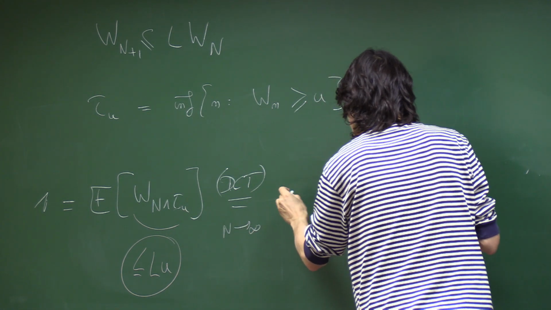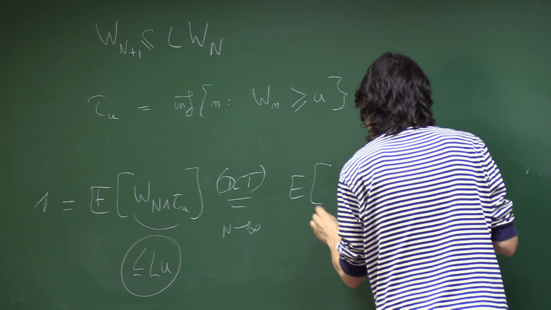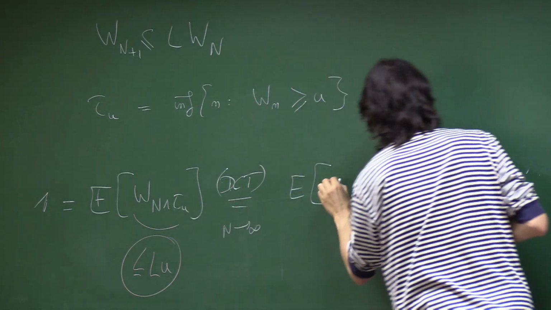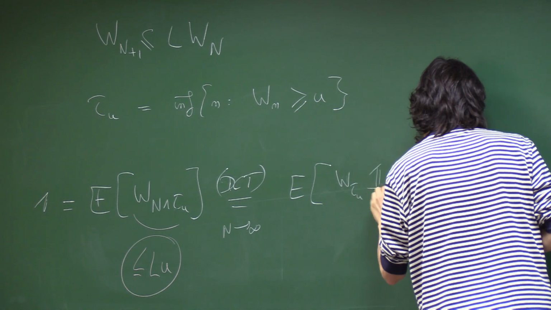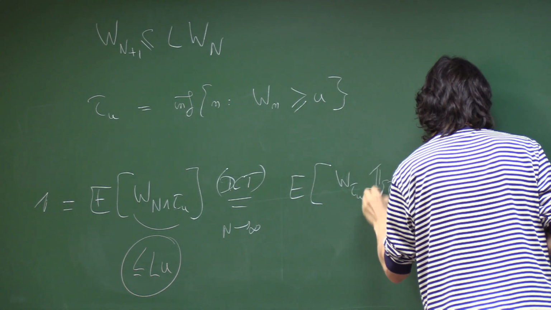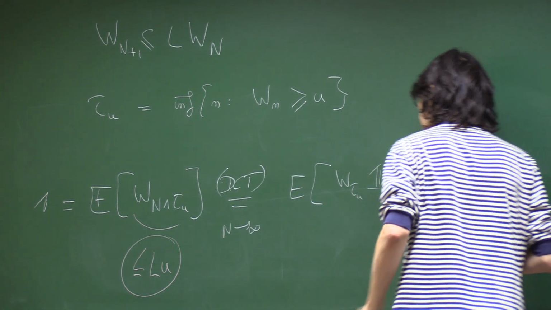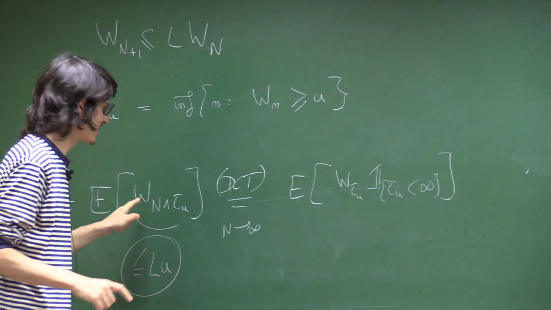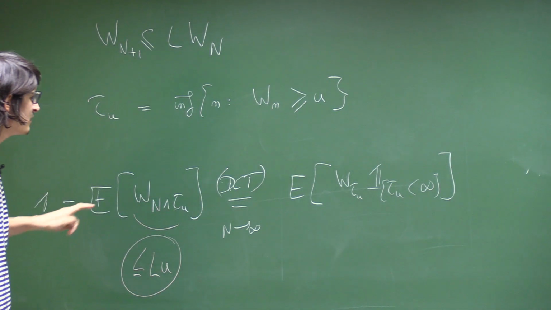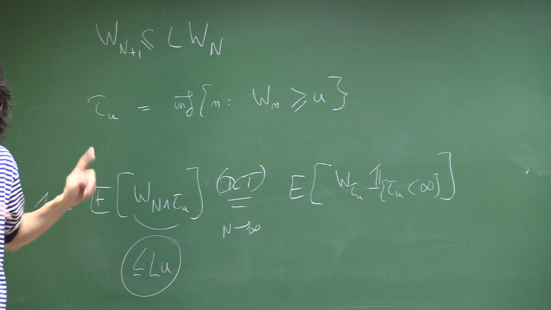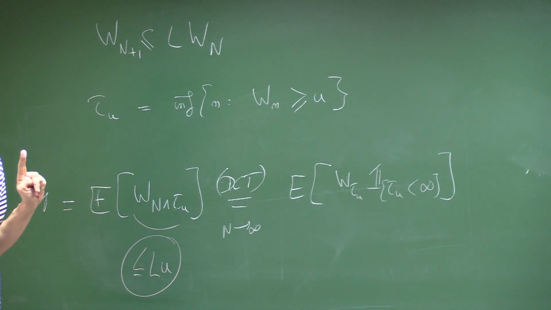What I get is that this converges pointwise to W tau u times the indicator that tau u is finite. Because if tau u is finite, this becomes stationary eventually. If tau u is infinite, this goes to 0, because we have strong disorder. This is our assumption.